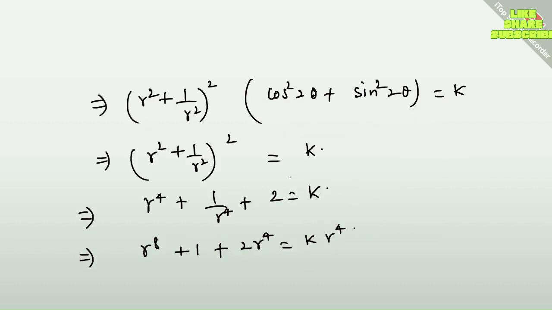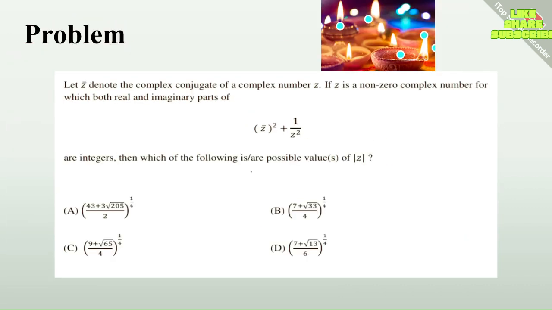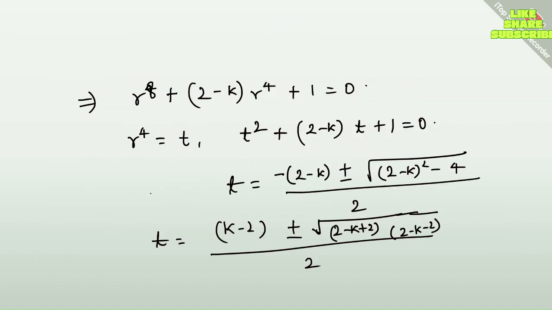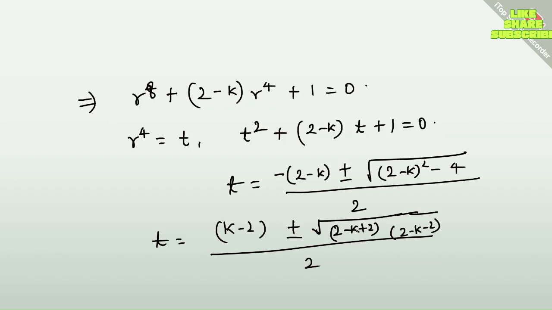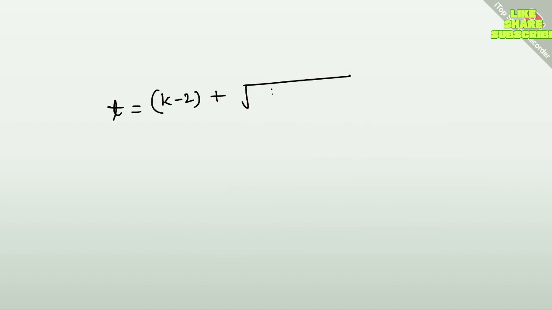Now we are given in the options that all the terms are positive, so we take only the positive value. So t is equal to k minus 2 plus under root 4 minus k.